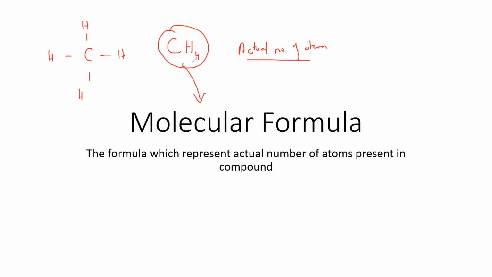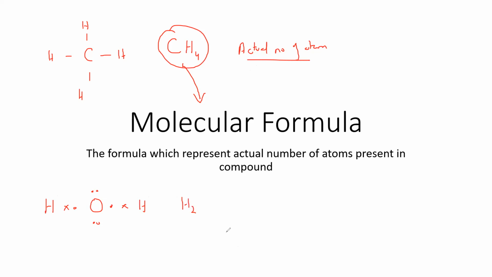Is it clear? The molecular formula represents the actual number of atoms present in the compound. In the same way, if I draw the structure of water, how many hydrogen atoms are there? It contains 2 hydrogen atoms.